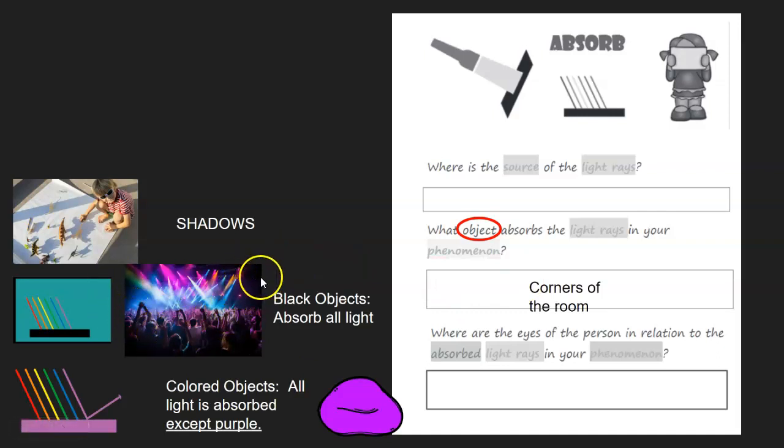No light is being reflected or shown here. Also the people, here's your shadow. The people are absorbing light because on the other side is the shadow. So pick one thing in your phenomenon and really one color, unless it's black or a shadow. Pick one thing that's absorbing light because light is being absorbed and reflected all over the place. Pick one. Okay, pick one color, pick one area.